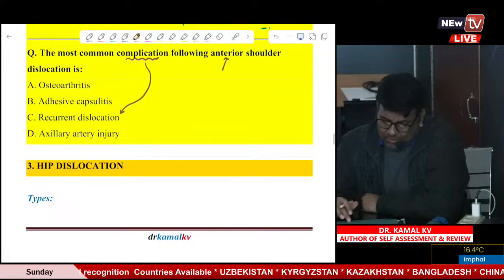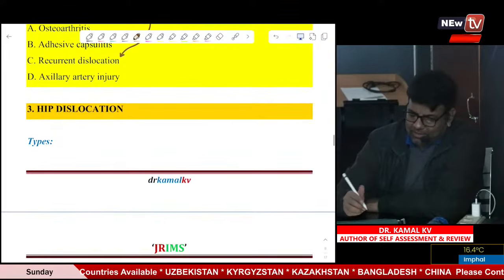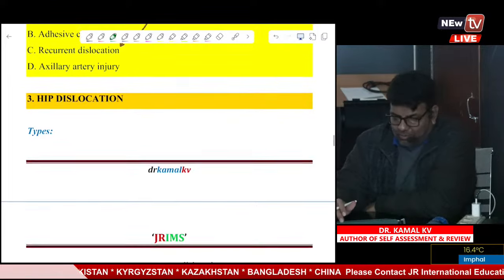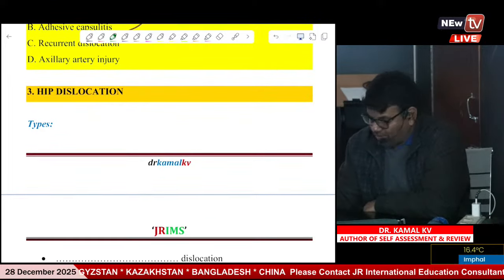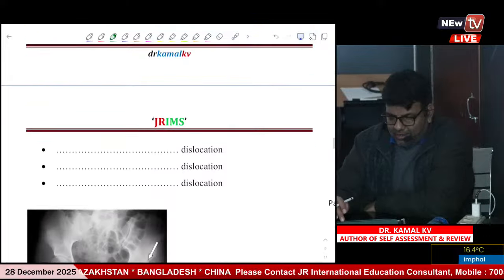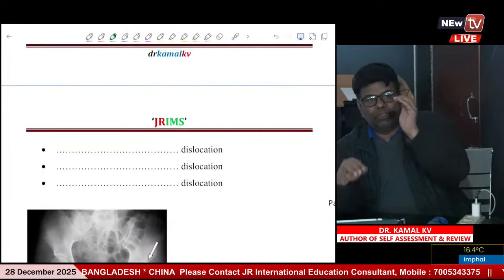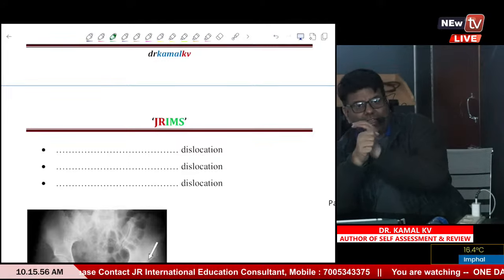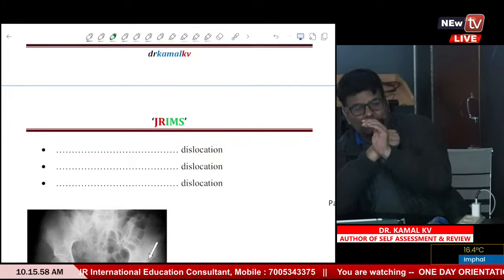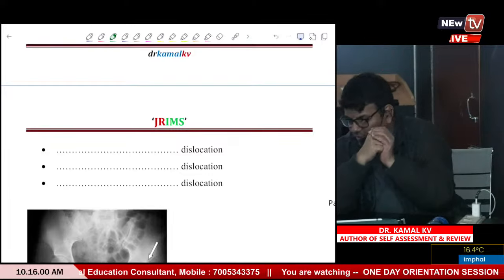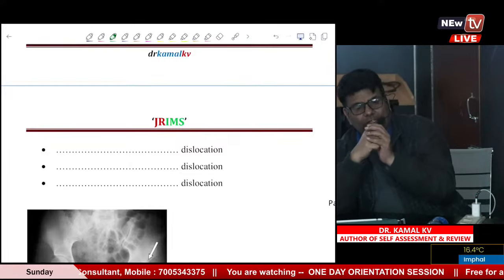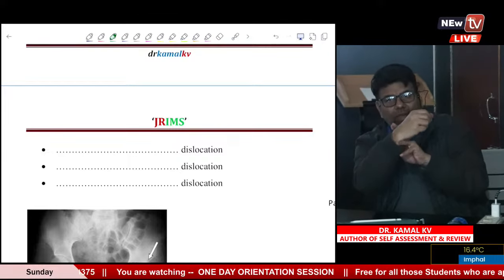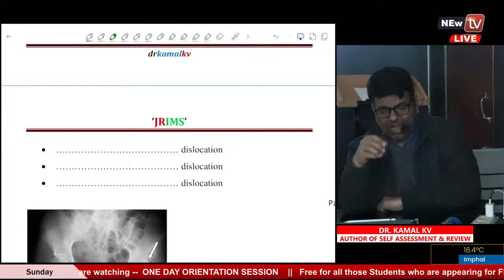Okay. Now moving forward to the next topic, hip dislocation. This is also very important, and most of the time we have questions from this segment also. If this is the acetabulum and this is the head of femur, it can go anteriorly, it can go posteriorly, and there is a very unique type of dislocation where the head of femur can perforate through the acetabulum and go into the pelvic cavity.